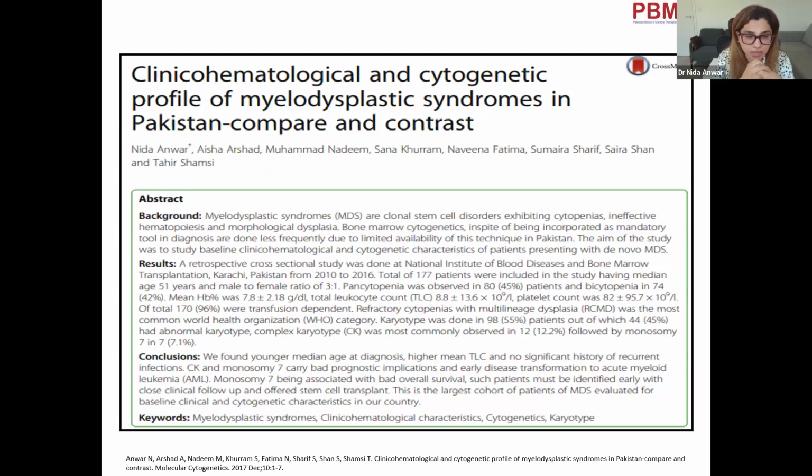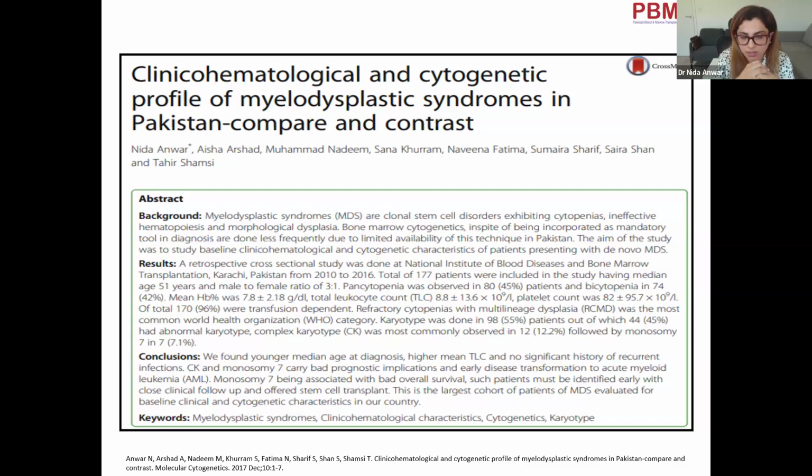Our median age was 51 years. And surprisingly, we usually don't have a significant history of recurrent infections. Patients usually present with symptomatic anemia and red cell transfusion dependence. We don't frequently encounter a history of recurrent infections or thrombocytopenia at presentation.